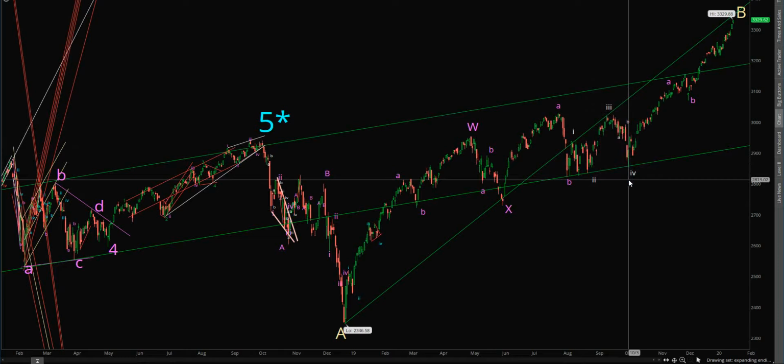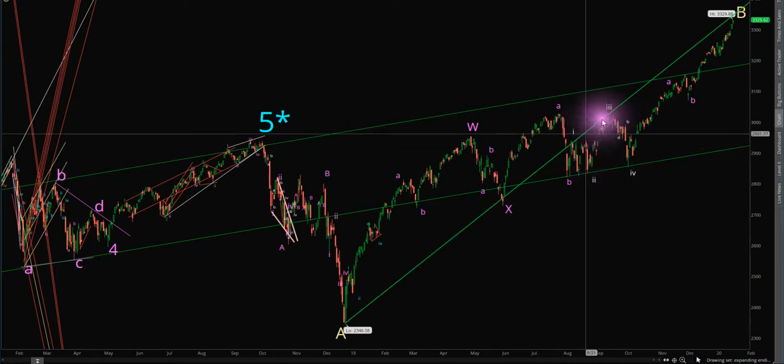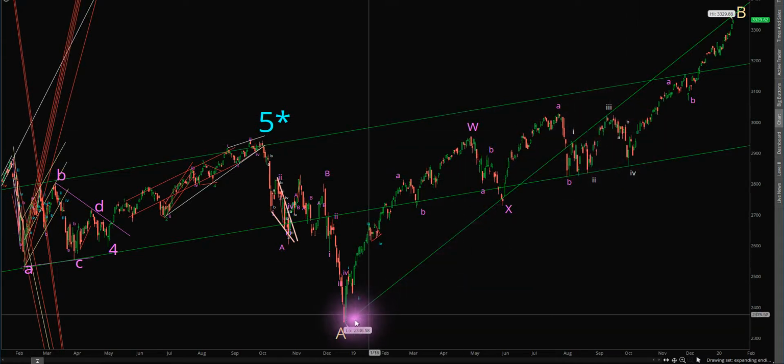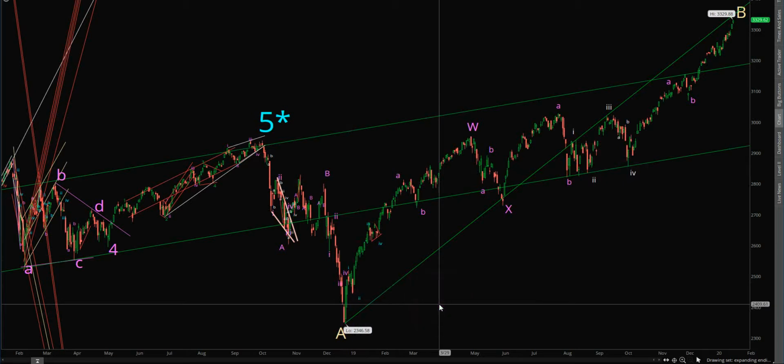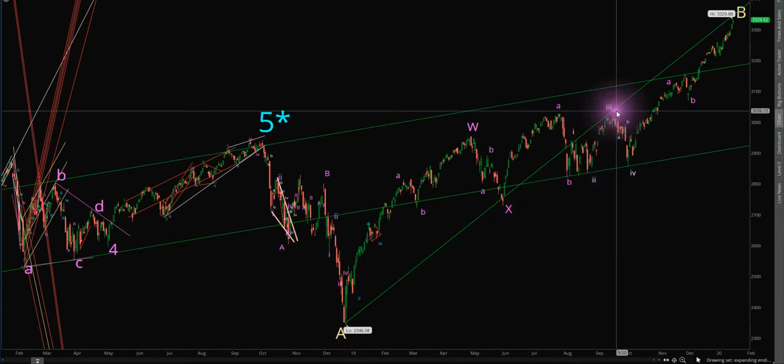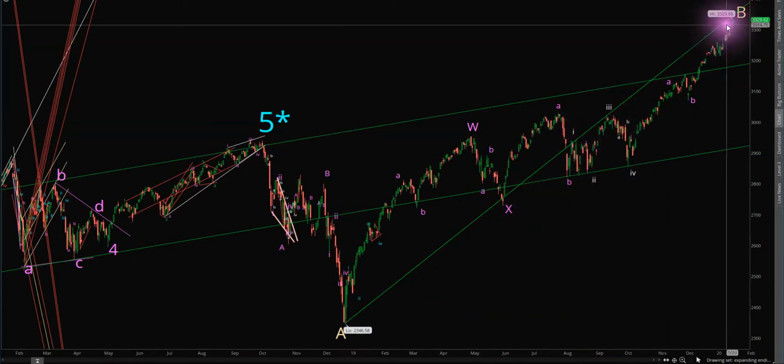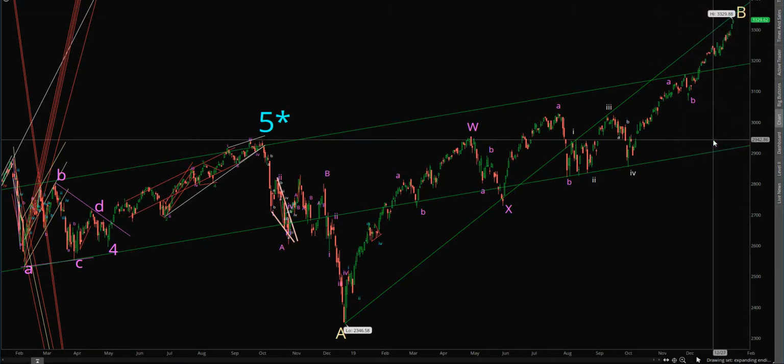So this also gives you a target. When you connect the 1 and the 3, it also connects to the A. That's a nice coincidence. When you connect the A to the 1 to the 3, it gives you a target for the B wave, and you can see we are already close to the trend line.